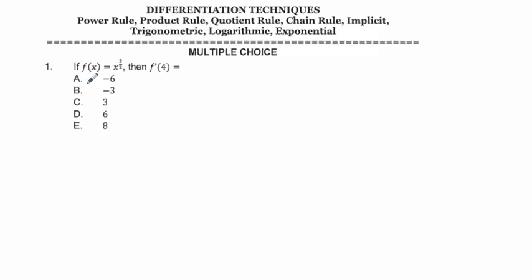In this case, problem 1: if f of x equals x to the 3/2 power, then f prime of 4 equals, and what we do is we rewrite this as f prime of x. We take this power here using the power rule and multiply by 3/2, and we have x.